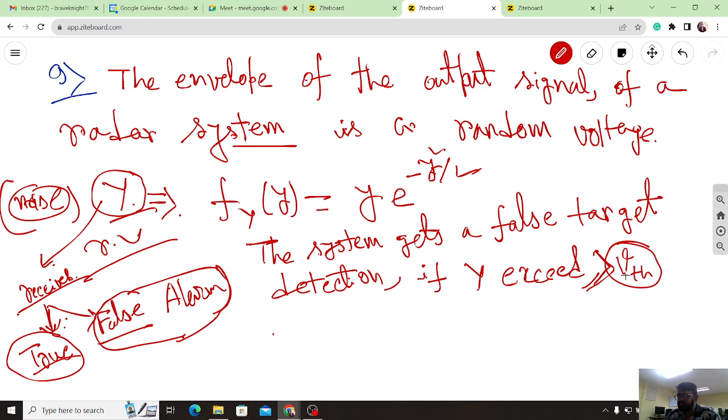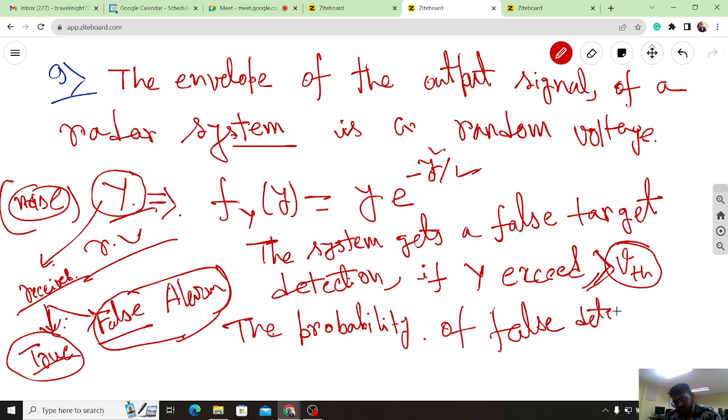Exceed VTH. So now we have to make the probability of false detection 0.0001. Then what should be the value of V? So let me repeat the question once again.